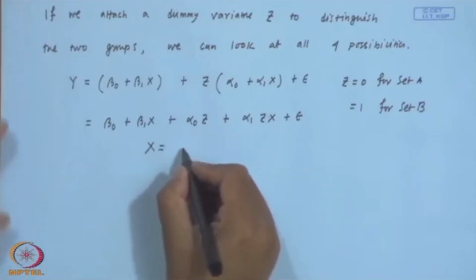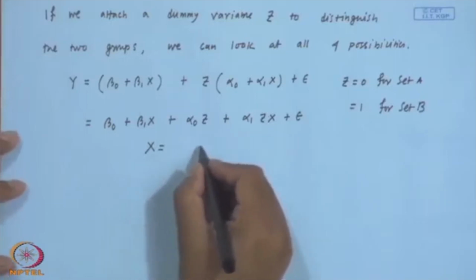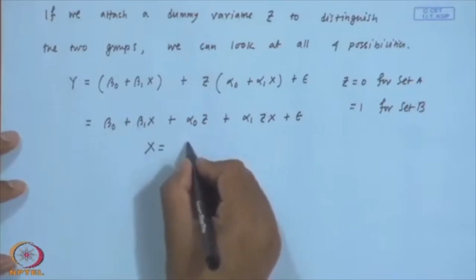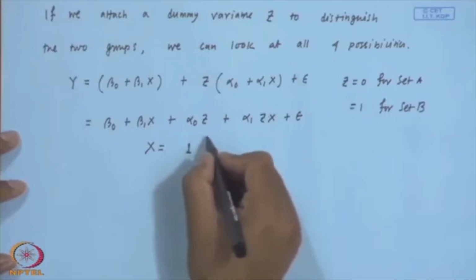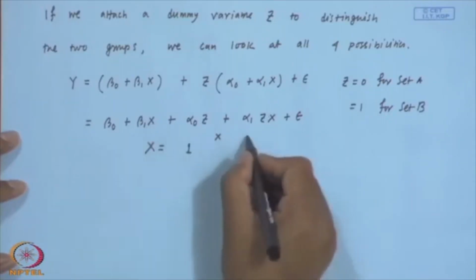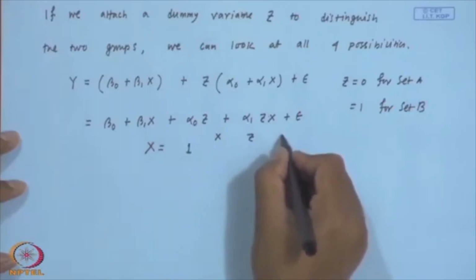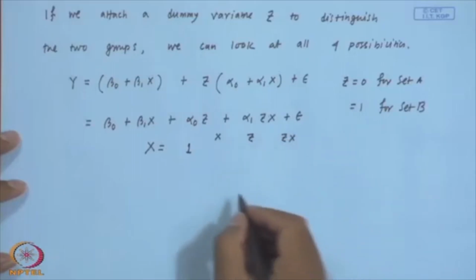The first column is all 1s, and then I will have a column for x, a column for z, and a column for z x.